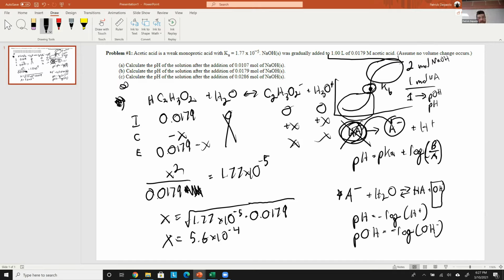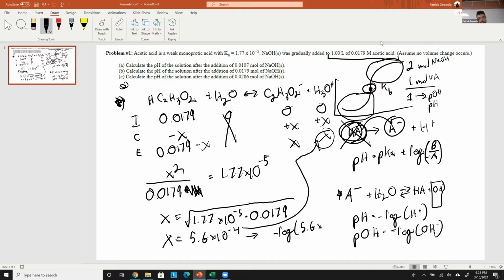It's a hydrogen concentration, and it's greater than 10 to the negative 8, meaning it's acidic. And that makes sense because it's acetic acid. So since this equilibrium concentration represents the H3O plus, we can take the negative log of that to give us our pH.